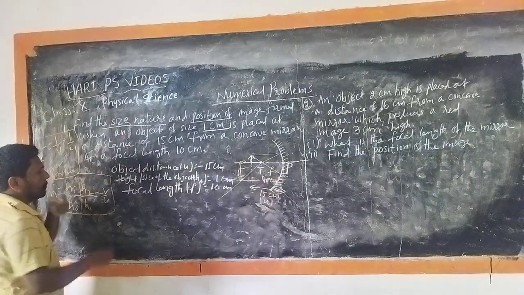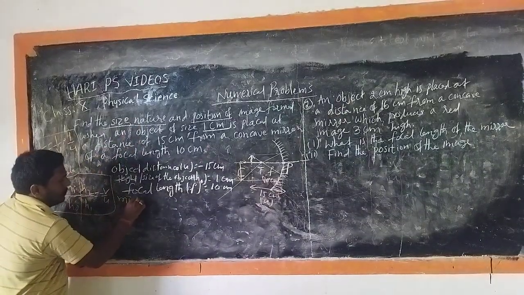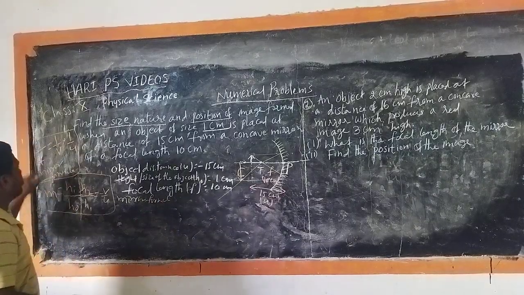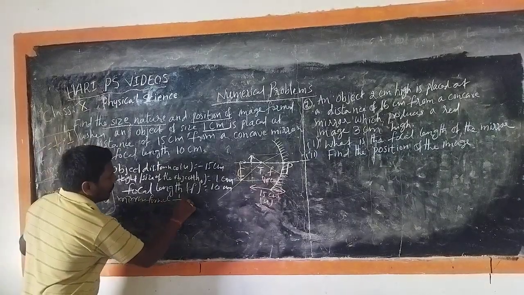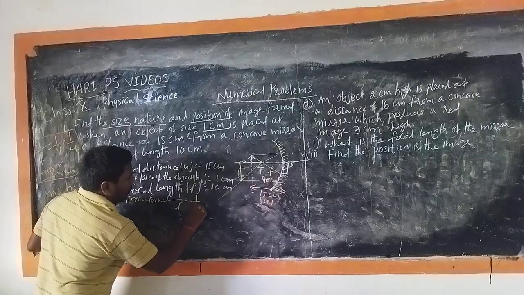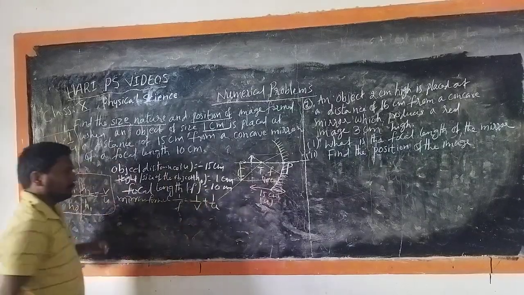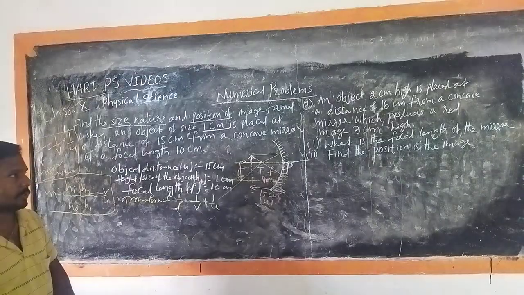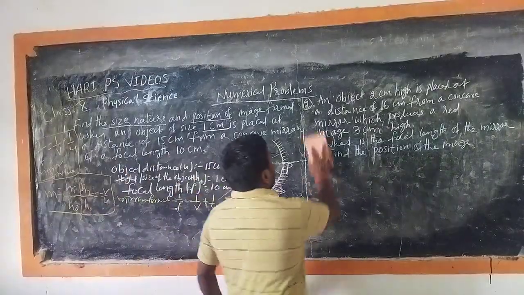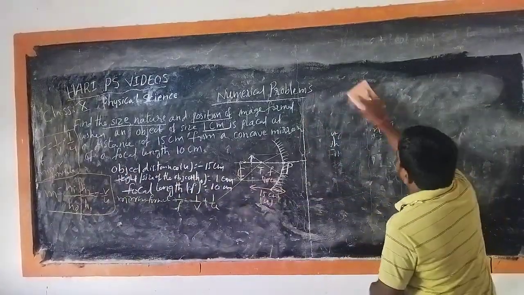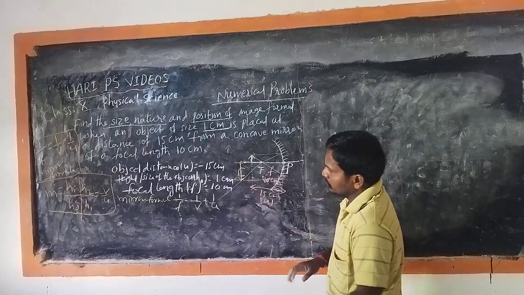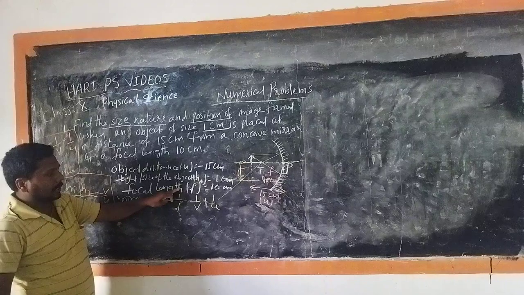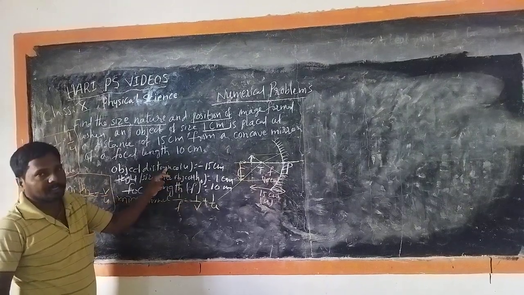Okay. Mirror formula. What is the mirror formula? 1 by f equal to 1 by v plus 1 by u. We know that. Whenever we observe the given values, f means focal length, u means object distance.